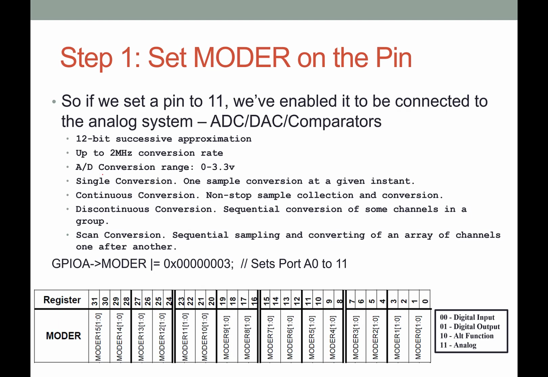Okay, so now let's start talking about what we're going to do to set up the pins and the port and the conversion process. So again, we need to set the mode register to 1 1 because we want it to be the analog mode of that GPIO port. So for us specifically, we're going to do this 12-bit successive approximation.